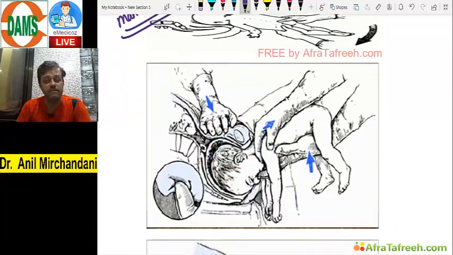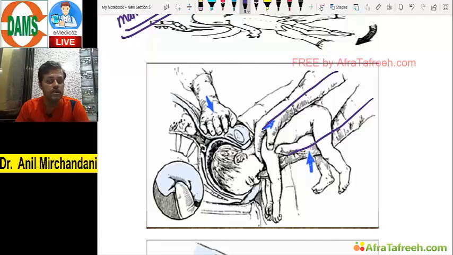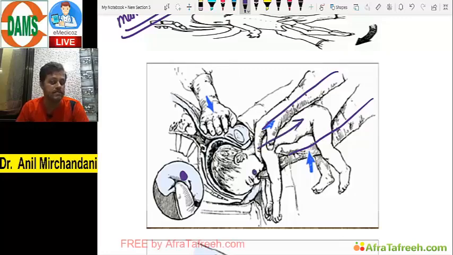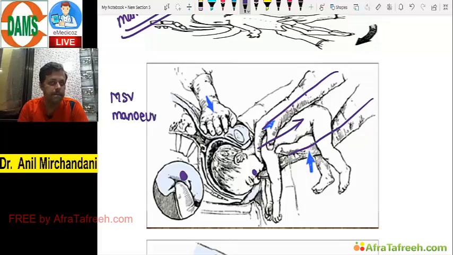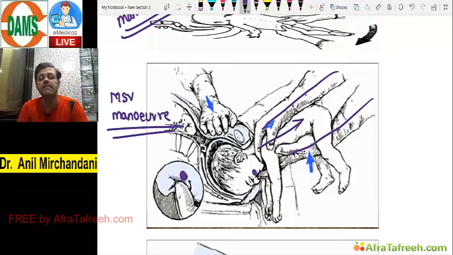Guys, then this is the maneuver. Very important maneuver, where one hand is below the baby, one hand is above the baby, and you are doing the flexion over here. Yeah, this is the malar eminence. So malar flexion, shoulder traction. This is called the MSV maneuver. Yeah, MSV, Mauriceau-Smellie-Veit maneuver.